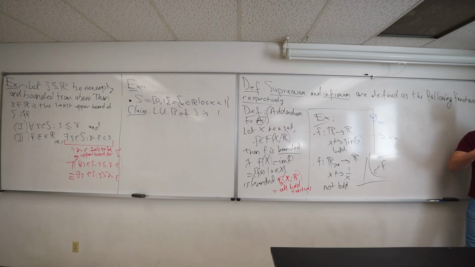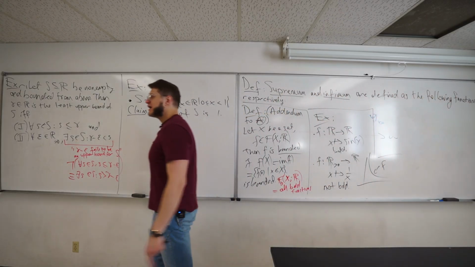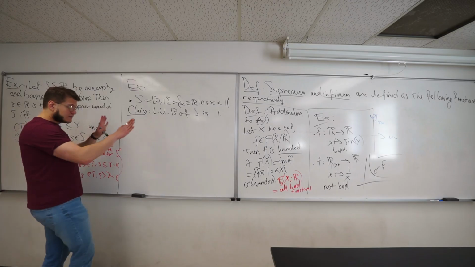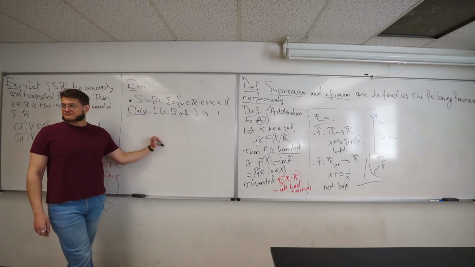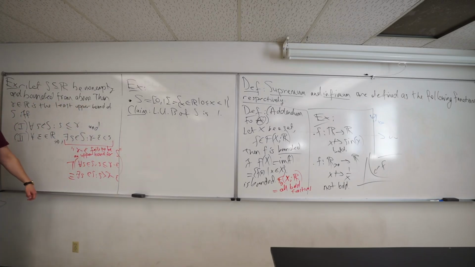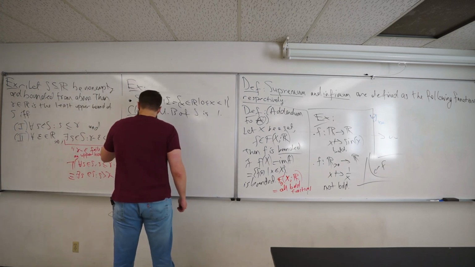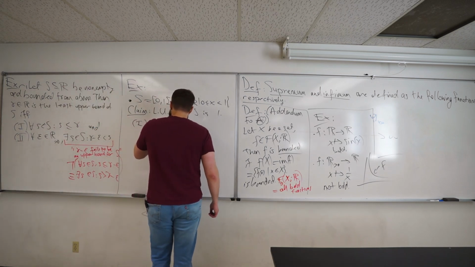So not only do I have existence, which is guaranteed by the completeness axiom, but I'm saying in this specific case, the least upper bound is this specific number. Okay? Now we need to verify two things. First of all, 1 is an upper bound. That's fine. So 1 is an upper bound.